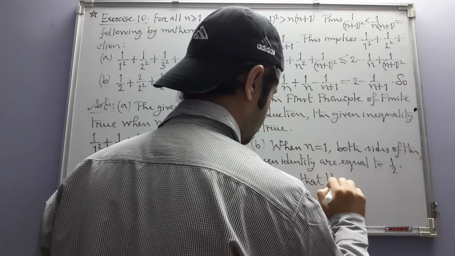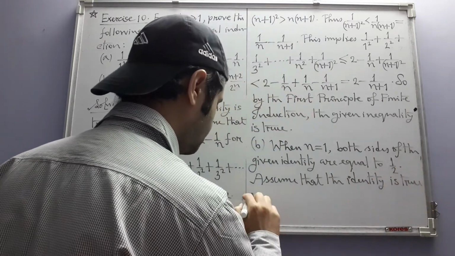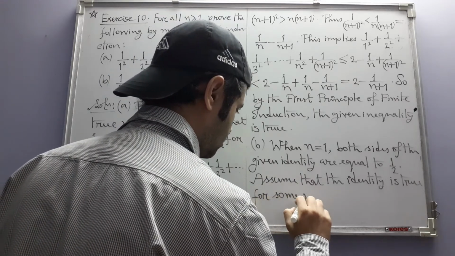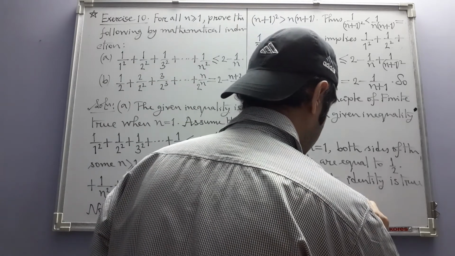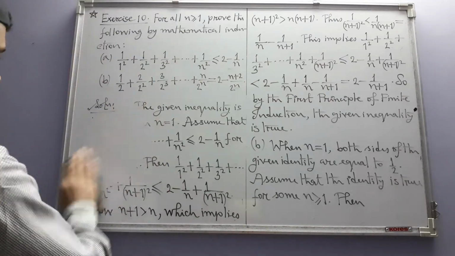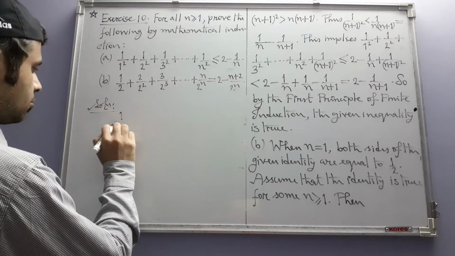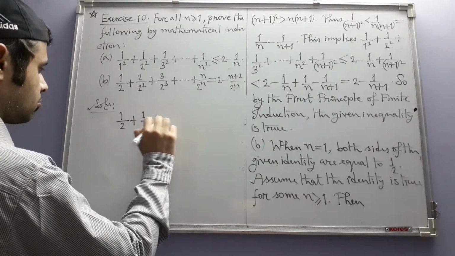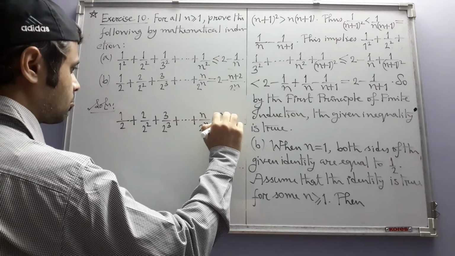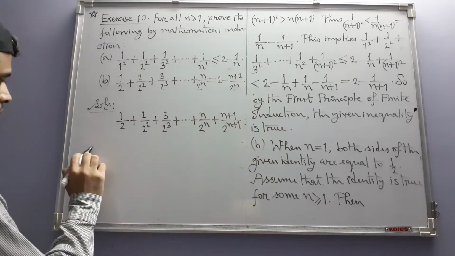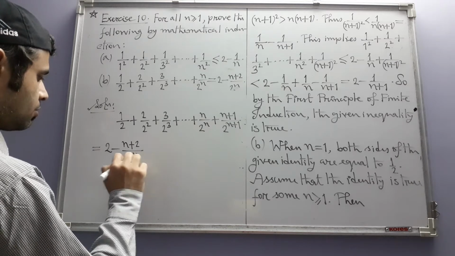Assume that the identity is true for some positive integer n, then this is equal to 2 minus n plus 2 over 2 to the power n plus the next term.